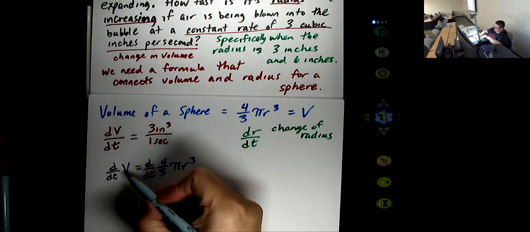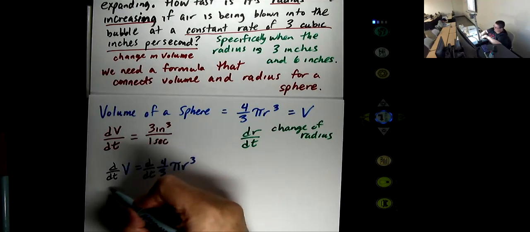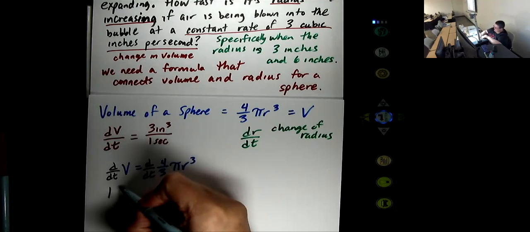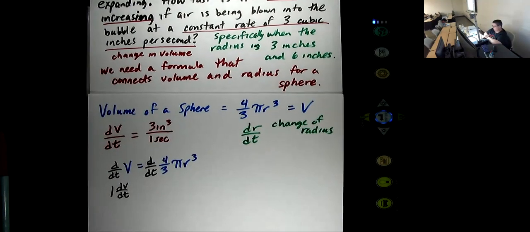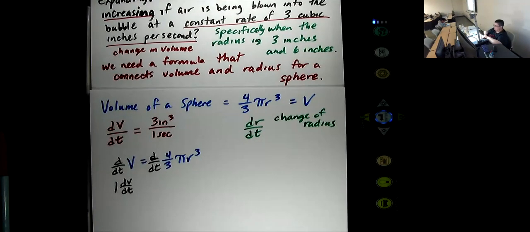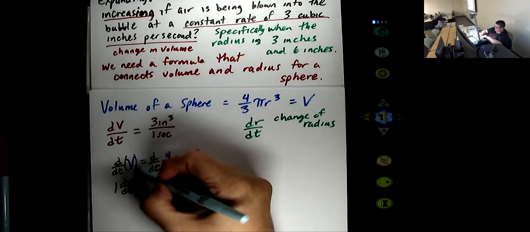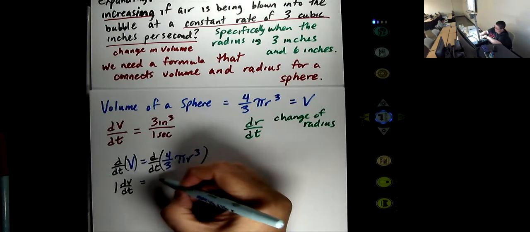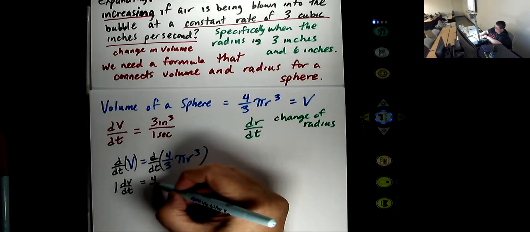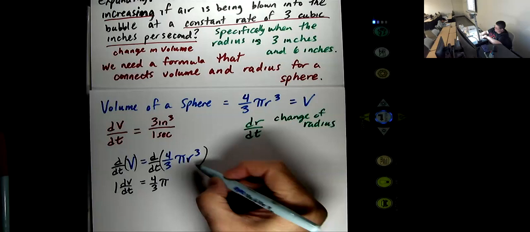The derivative of V is dV/dt. On the right side, I have 4/3 pi, and then I take the derivative of r cubed.